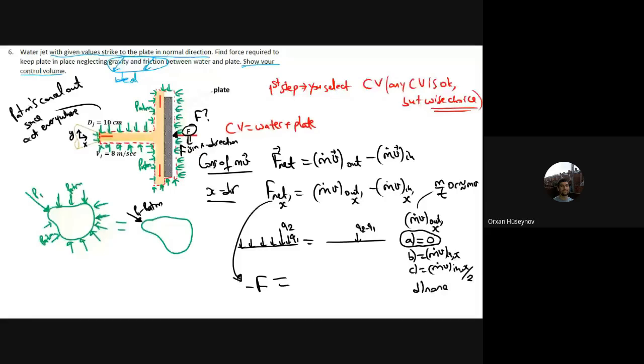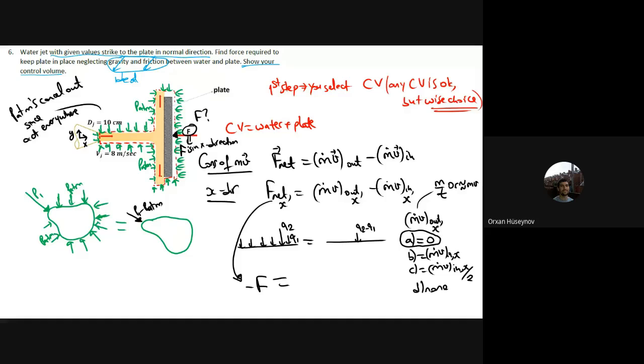Okay, so let me do it for you. Okay, so the true answer is that, so I will write firstly what m dot v out x means. m dot v out x means the momentum rate when it leaves the system.